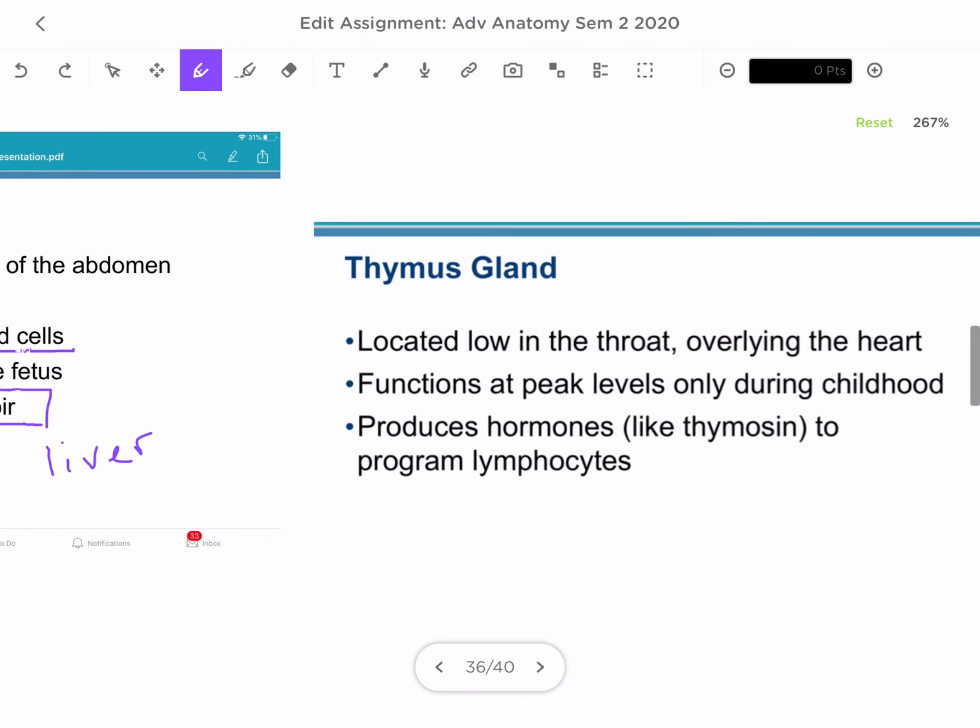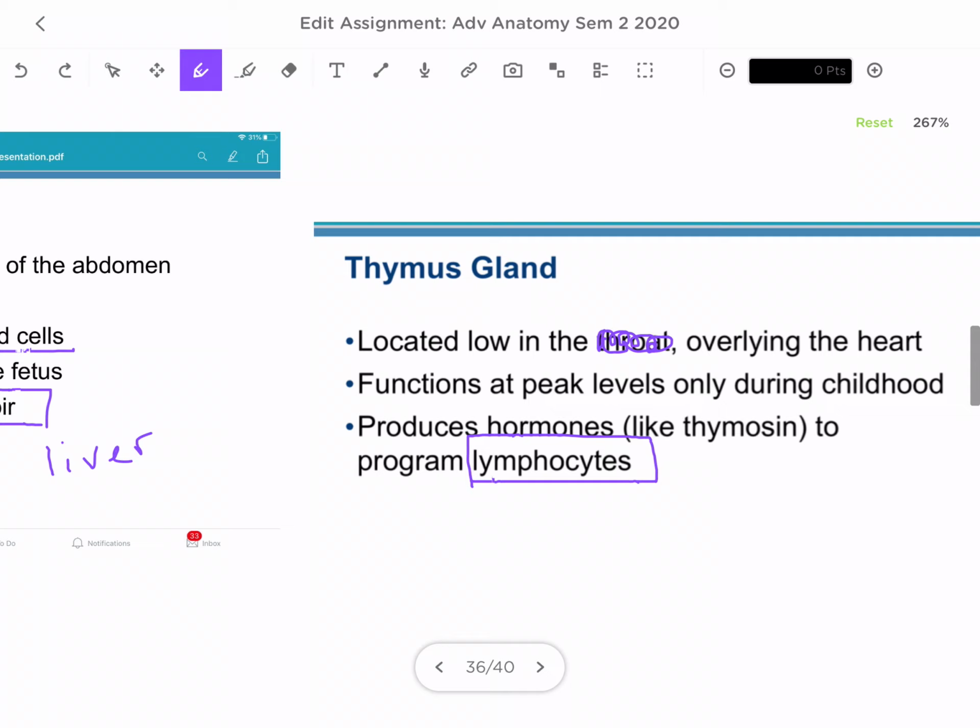The thymus is a gland that's located, I don't like that it says located in your lower throat, because when you guys think of your throat, you're actually thinking of your neck region. Remember, it's more in the thoracic cavity. The thymus is responsible for programming lymphatic cells.